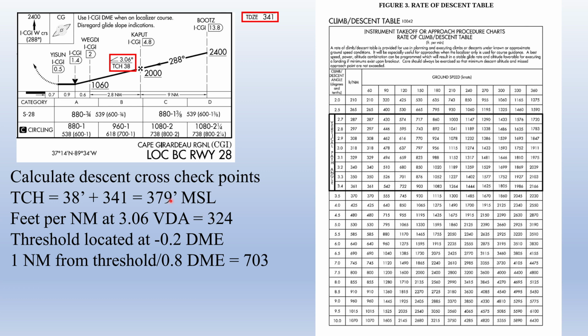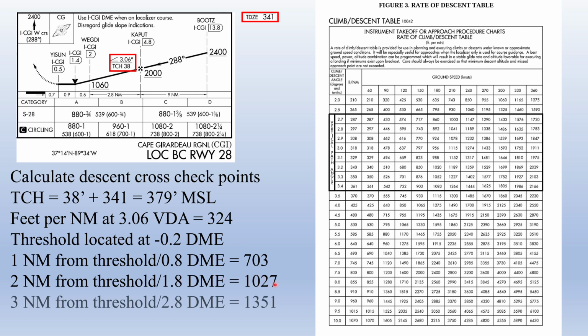Add 324 to 379, and it will be 703 feet at 0.8 DME, which is 1 nautical mile away from the runway. At 2 nautical miles, 1.8 DME, add another 324 feet, that's 1027. At 3 nautical miles, that's 2.8 DME, 1351. And then at 4 nautical miles, or 3.8 DME, 1675.